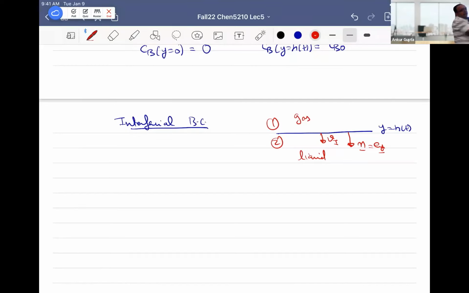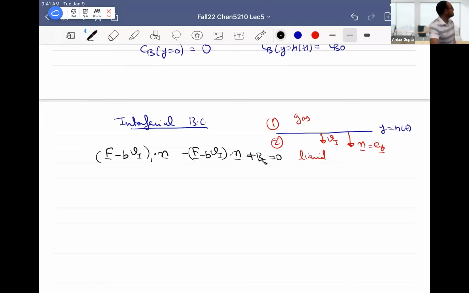So I wanted to apply a mass balance, and that's what let's now put forward. So I'll write it down. Okay, so here is another window.